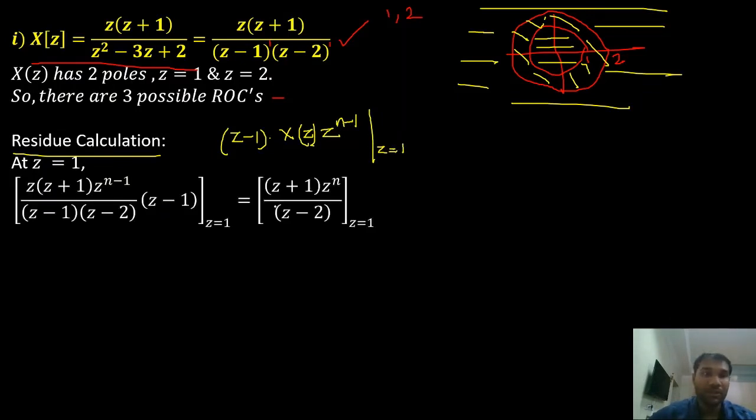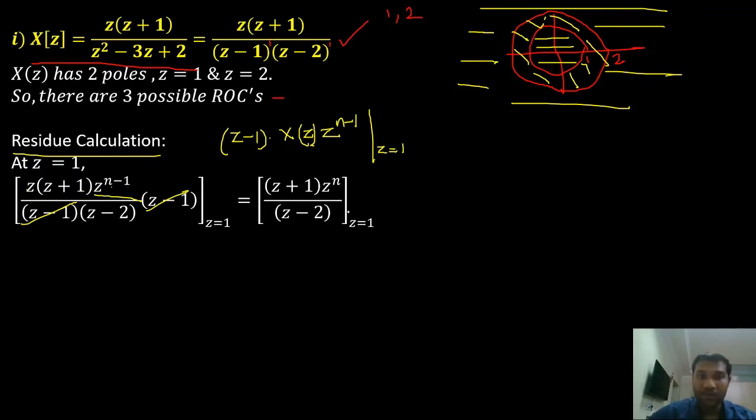Now if I substitute, this is my X(Z), multiplied with Z to the power n minus 1, and Z minus 1. So this Z minus 1 and Z minus 1 get cancelled. I have Z into (Z plus 1) into Z to the power n minus 1, divided by (Z minus 2). Combining Z and Z to the power n minus 1, I write it as Z to the power n.